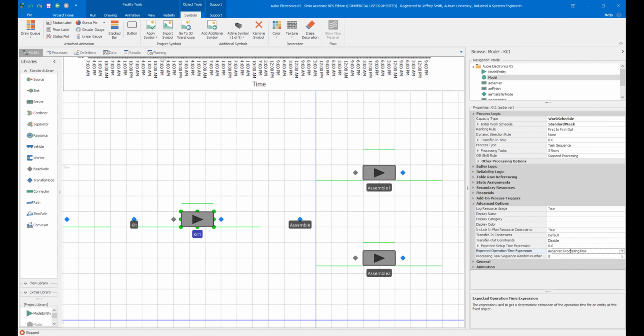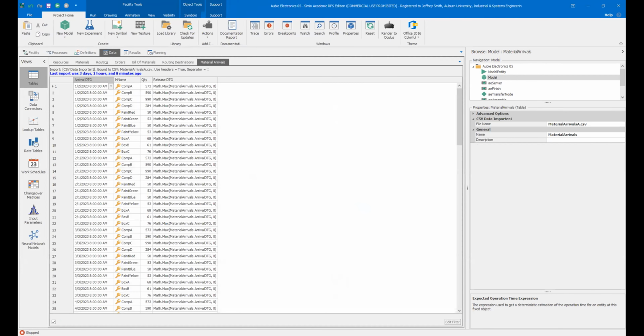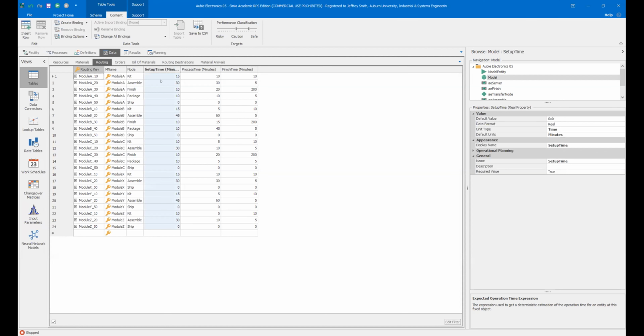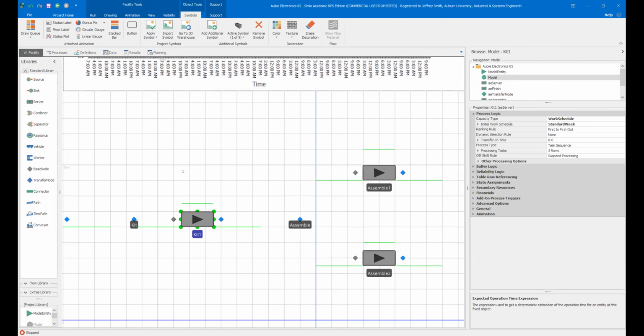So if I were to go in and say, from our routing table, setup time and then quantity times process time and then finish time, it's going to give us that estimate of that actual processing time. So if the dispatching rules that you're using are time based, you're going to have to make that modification. Okay. Questions about that?